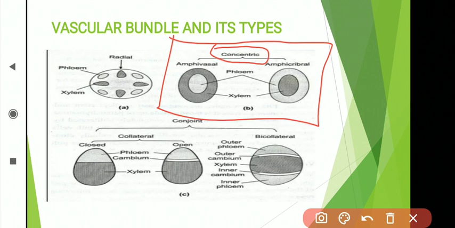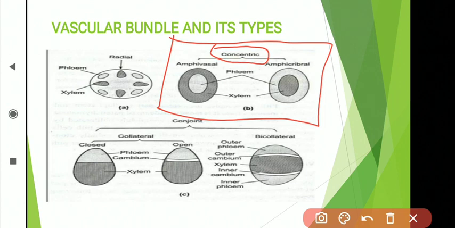There are two types of concentric vascular bundle, that is hadrocentric or leptocentric, or we can say amphicribral or amphivasal. So let's see what is meant by amphicribral first. In a concentric vascular bundle, one vascular tissue is surrounded by the other.